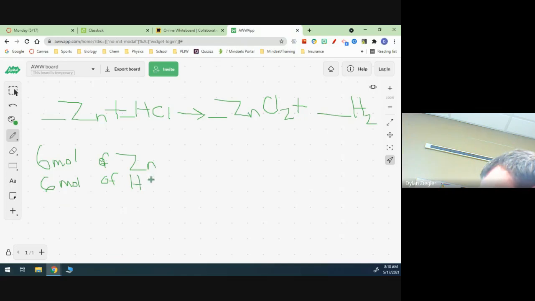Find the limiting reactant. Ready, go. First, balance it. Think about what we did for the last round to find the limiting reactant. Limiting reactant, 2-step process.